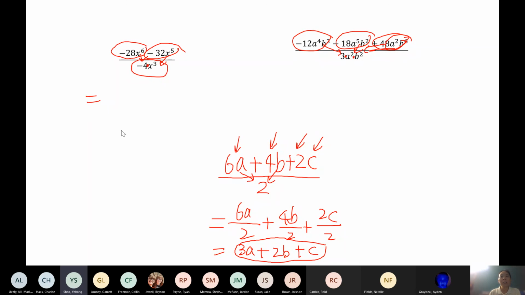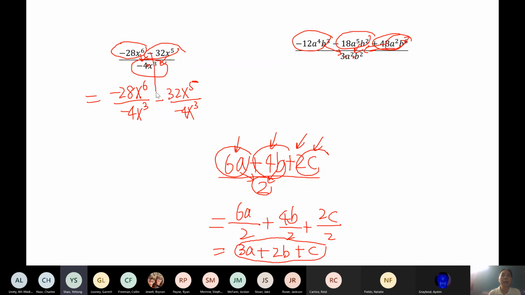Here we may have variables, but you will just take each one divided by 2. This step can be omitted later when you do the homework. If I can do this in my mind, you don't have to show me. Minus 32x fifth divided by negative 4x third. What I did is take the first term, negative 28x6, sort of corresponding to 6 apples, and whatever that is, divide by the whole bottom.